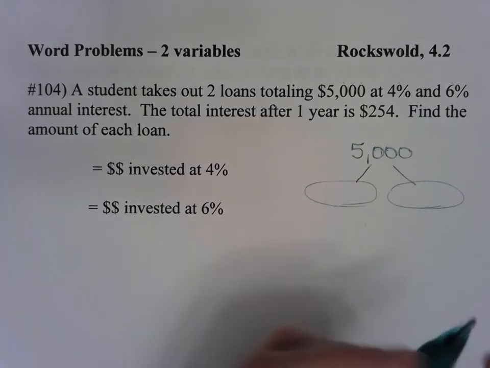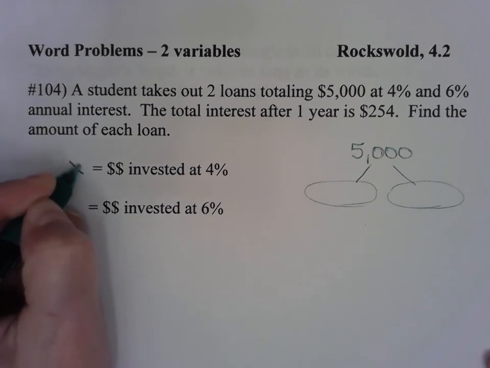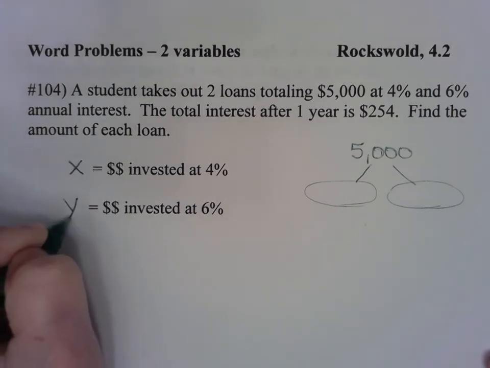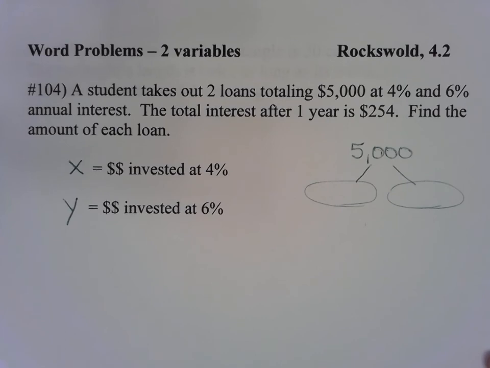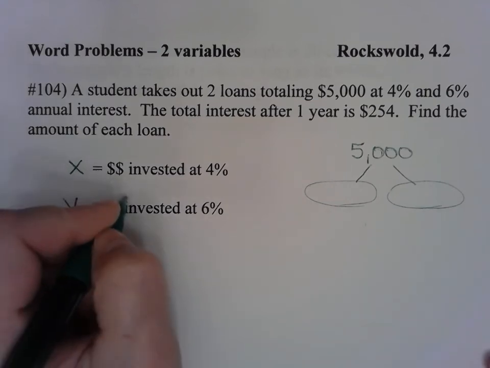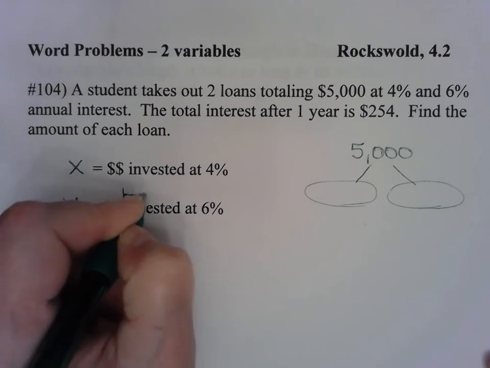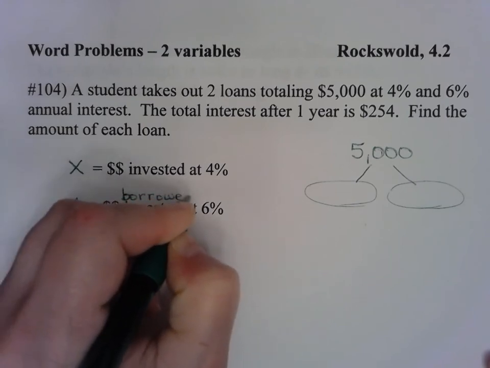Okay, this time, because we have the ability to solve with two variables now, we're going to use two variables. So I'll be boring and choose x and y. We'll let x represent the loan that was borrowed at 4%, and we'll let y represent the loan borrowed at 6%.